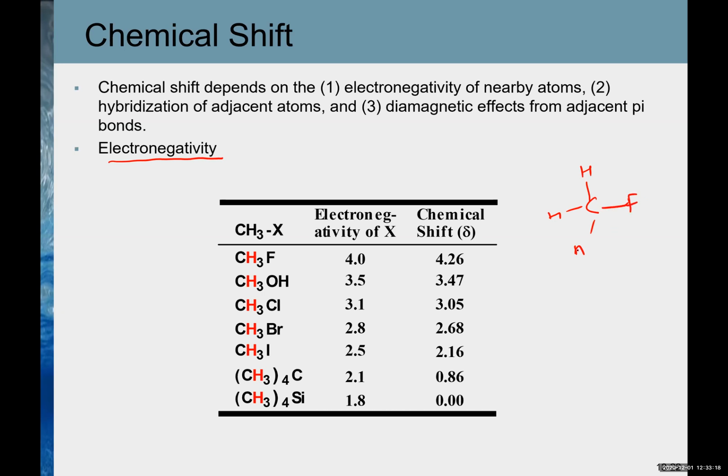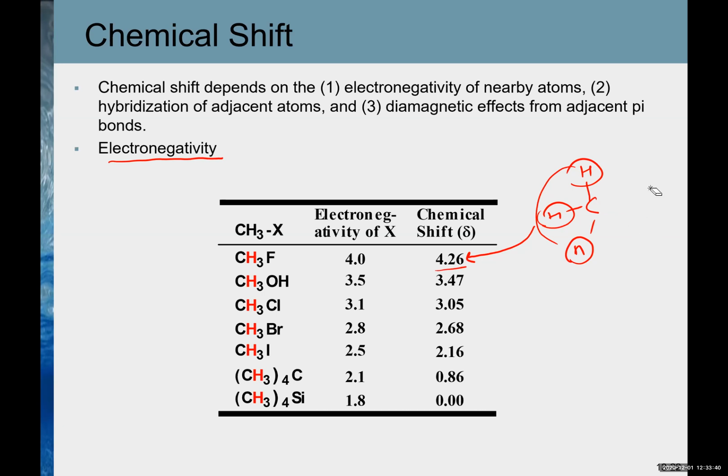For example, the first one is fluoromethane. In this, all three protons are equivalent, and they're connected to fluorine, the most electronegative element. The chemical shift value of these three protons is 4.26. Note down this value.